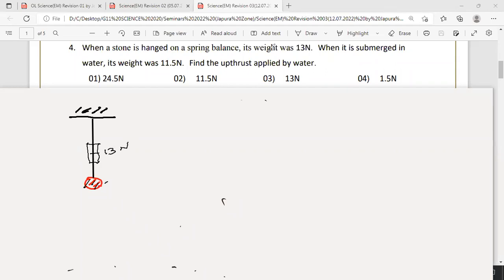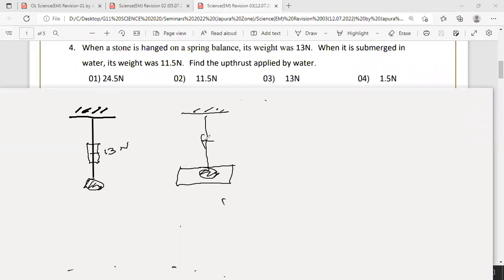Now, when you lower this to water, submerge in water, actually it should be fully immersed, then you get the reading 11.5 Newton. That is called apparent weight. That is called what weight? Apparent weight.